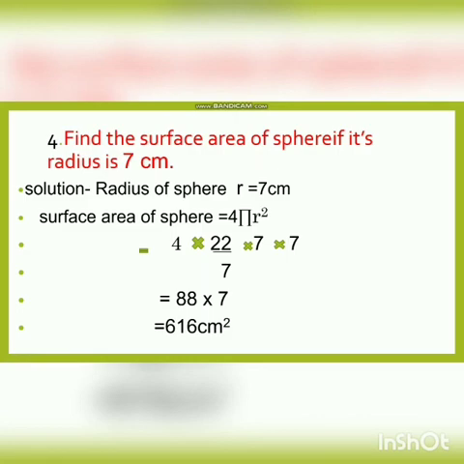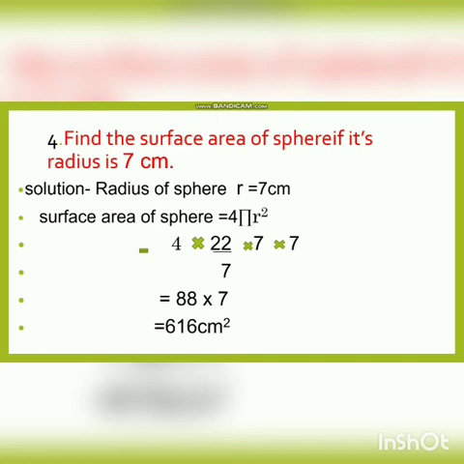So in this way, in our chapter mensuration, first we saw the three-dimensional figures such as cube, cuboid, cylinder, cone and sphere, and the formulas of surface area and volume. And then we saw some examples from exercise 7.1, on cone, sphere and cylinder.